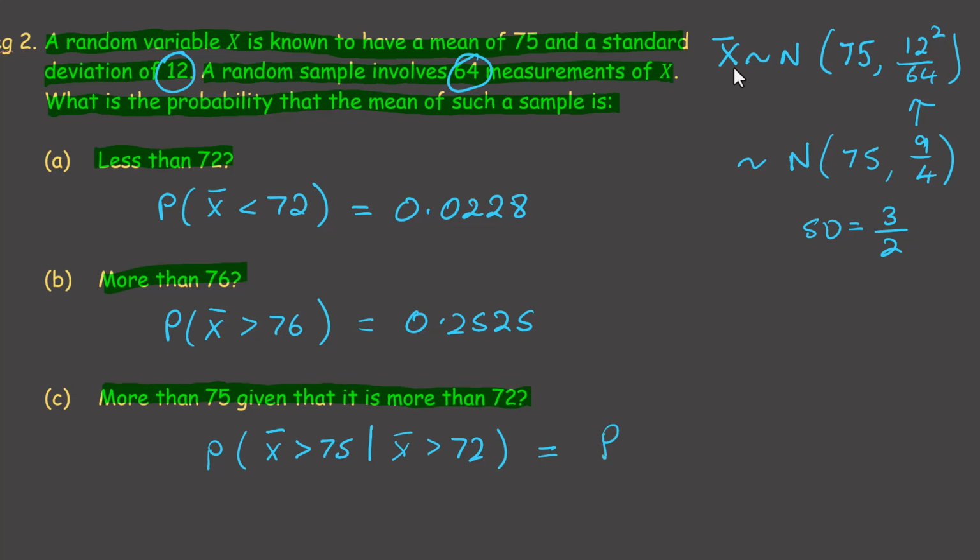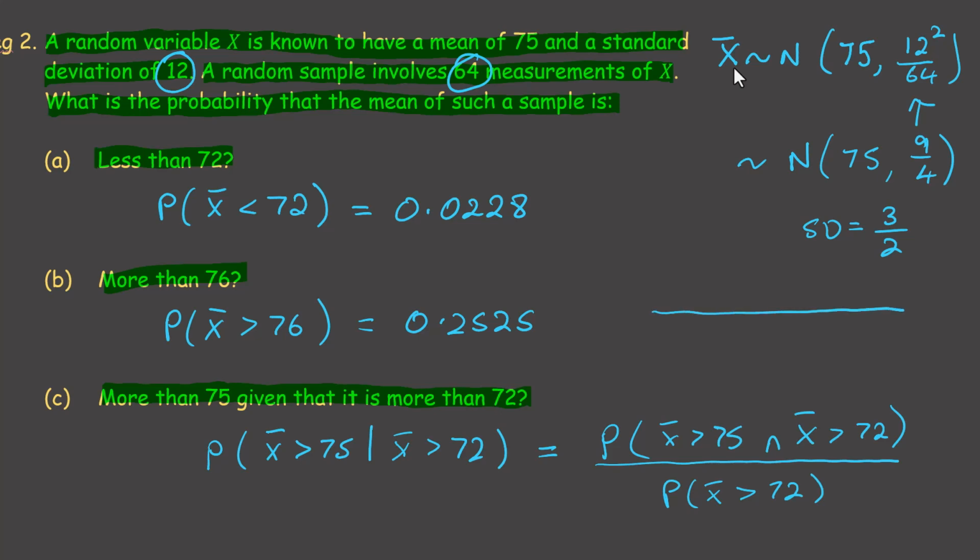So it's the probability that x bar is more than 75, and x bar is more than 72, divided by the probability that x bar is greater than 72. Did I say less than just now? I meant greater than.